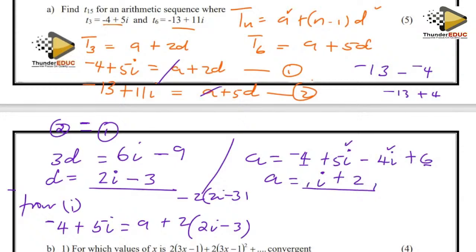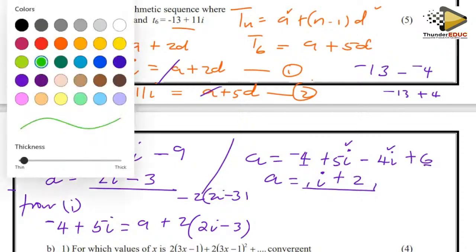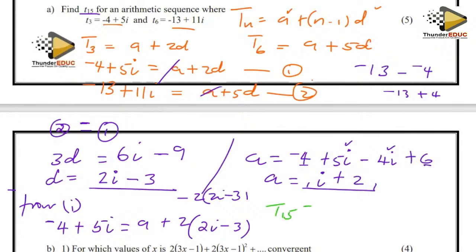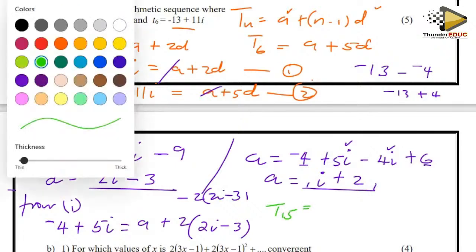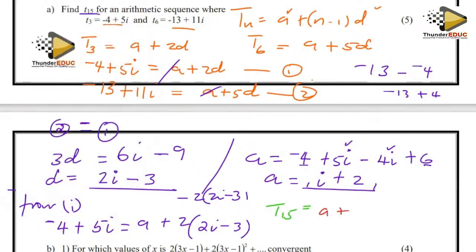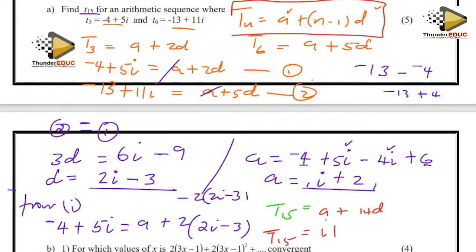The question wants T15. We know that T15 is given as a plus 14d. That's from the general term there. So our a, we said, is i plus 2, and then 14 times the d, which is 2i minus 3.